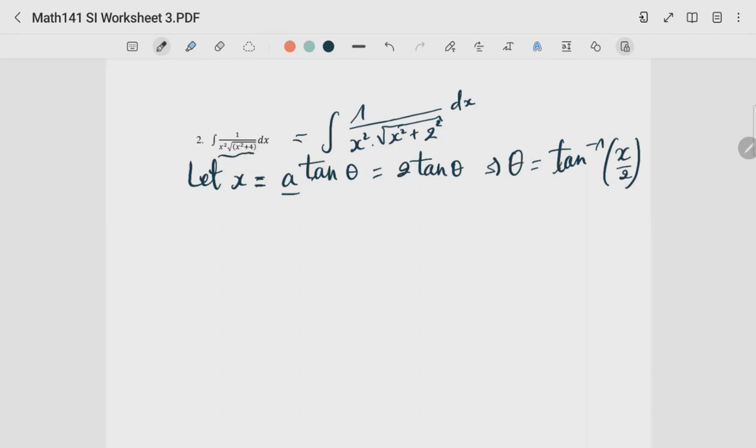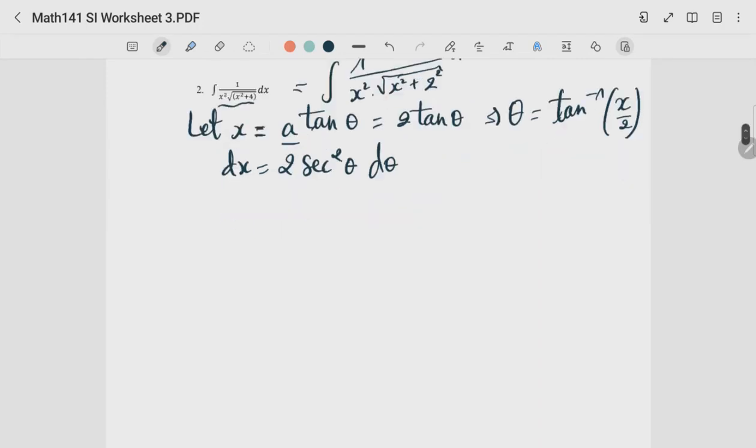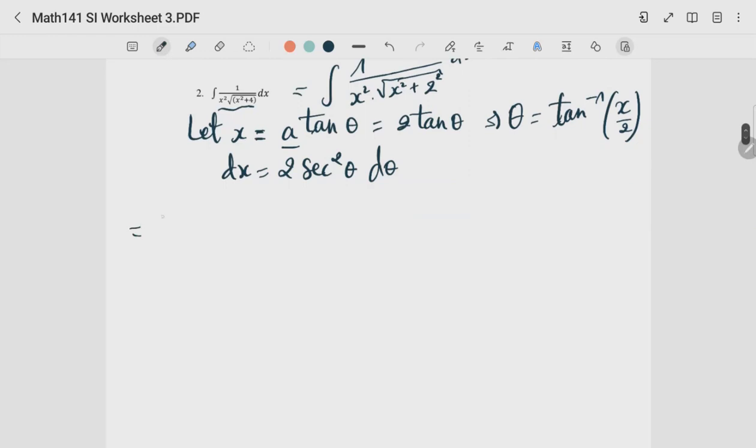So now that we have that, we know that dx therefore will be equal to what? That's my question to you guys. What will be dx? 2 sec squared theta. Right, thank you. So 2 sec squared theta d theta. So now let's apply it to the expression.